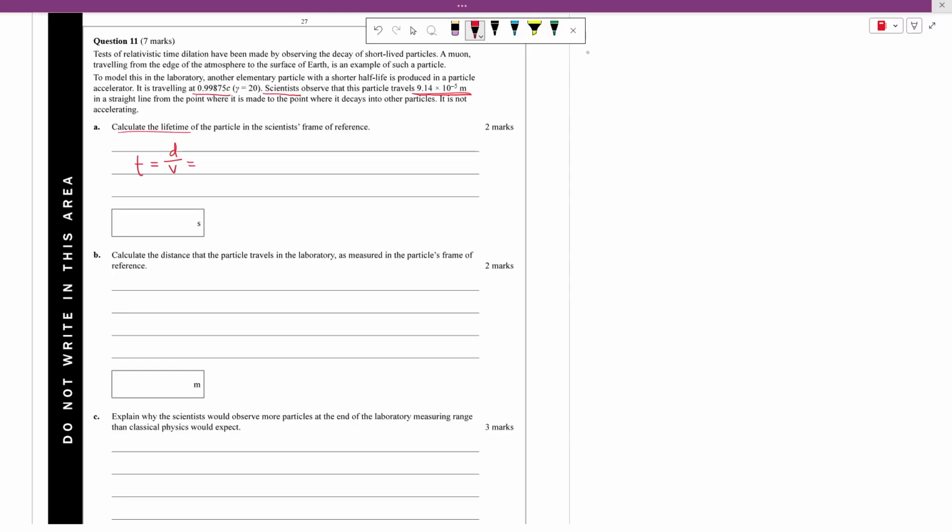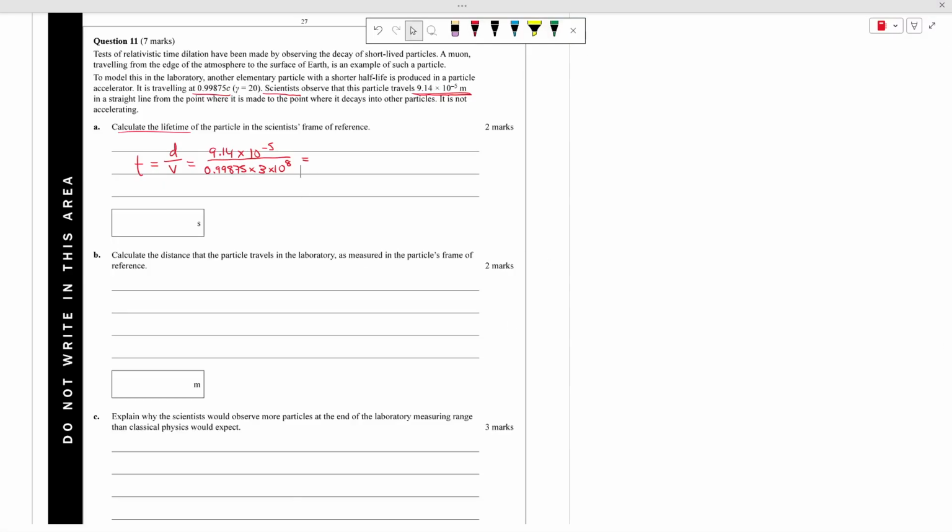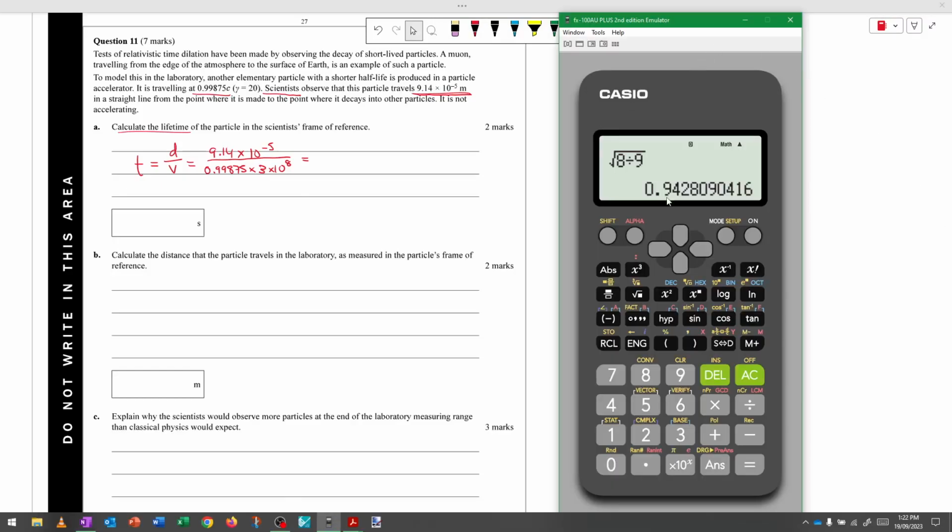Distance it travels is 9.14 times 10 to the minus 5 divided by the speed it travels, which is that fraction of the speed of light, so that times 3 times 10 to the 8. And this should give us how long it lives for in the scientist reference frame.